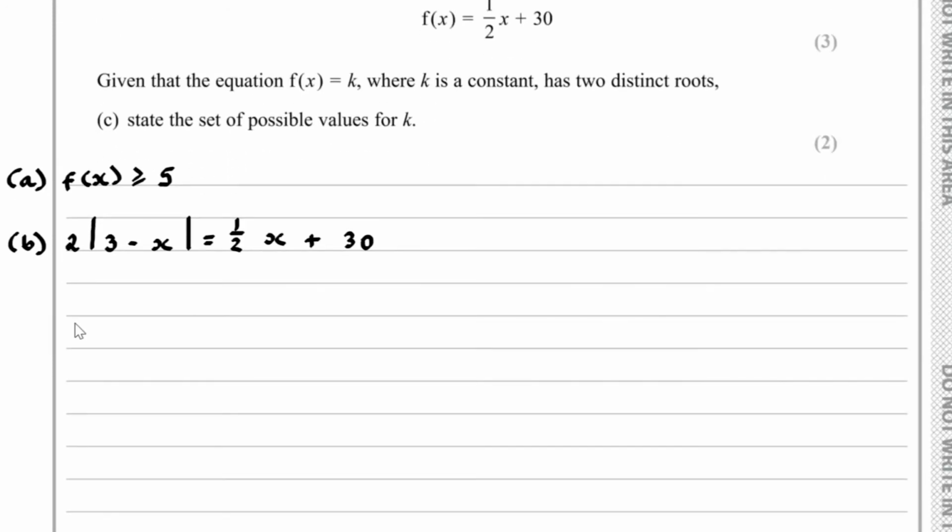Now, if I rearrange, I can see that the mod of 3 minus x is equal to 1/4 x plus 25 over 2. And rather, I just made a mistake here.